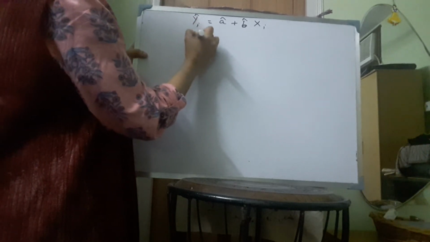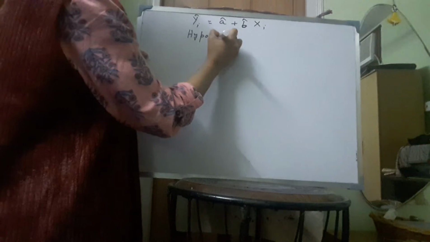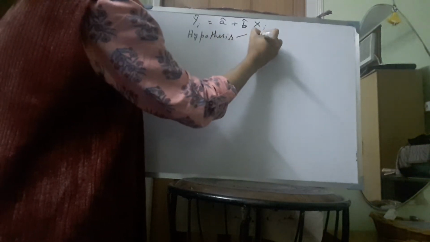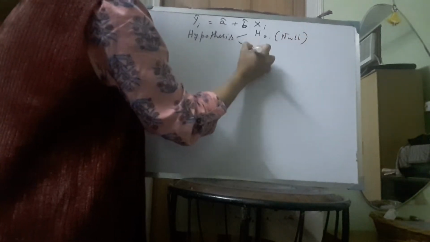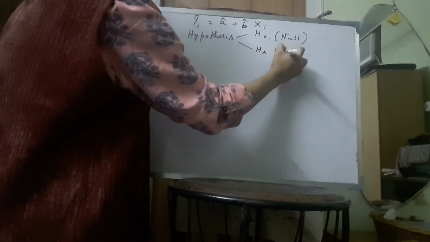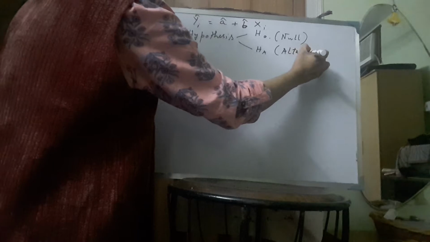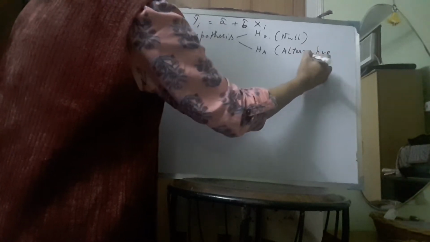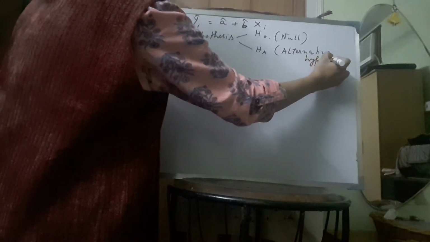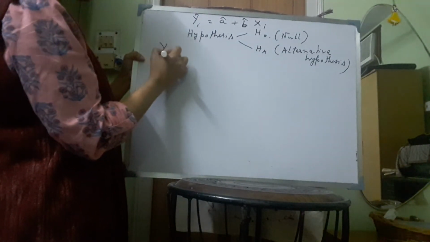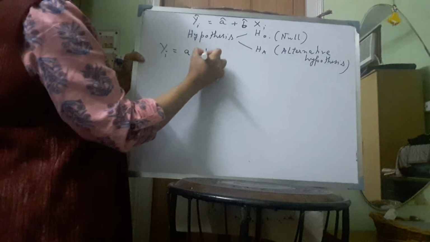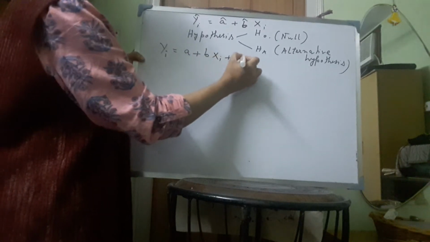Now hypothesis can be of 2 types. One is the null hypothesis, which is denoted by H naught. The other hypothesis is HA, which is the alternative hypothesis. Now in the population, in the 2 variable case, our regression model is yi is equal to a plus b xi plus ui.